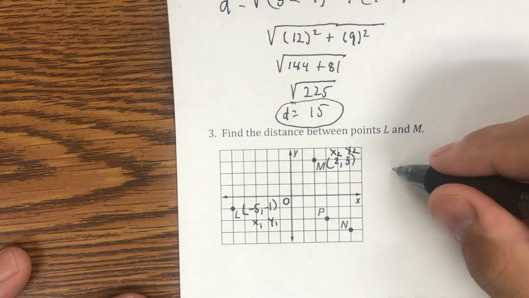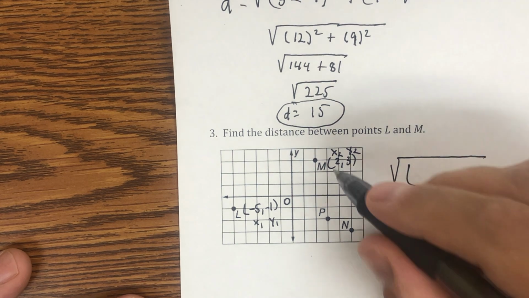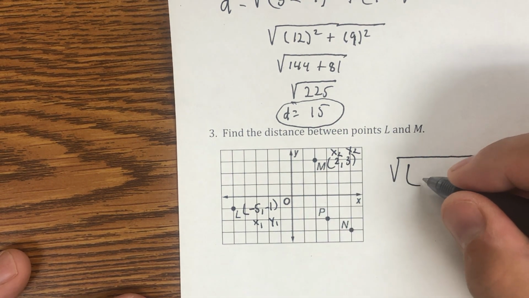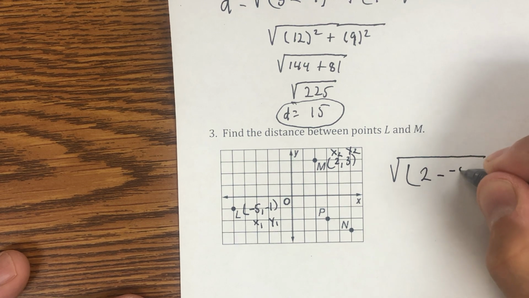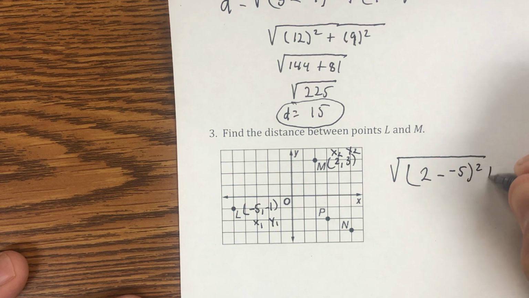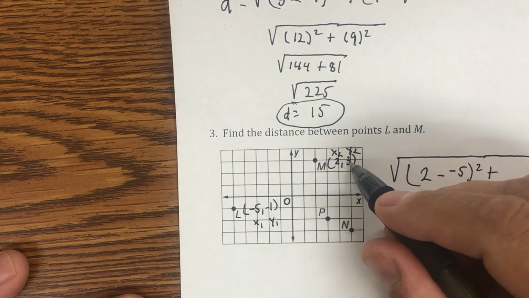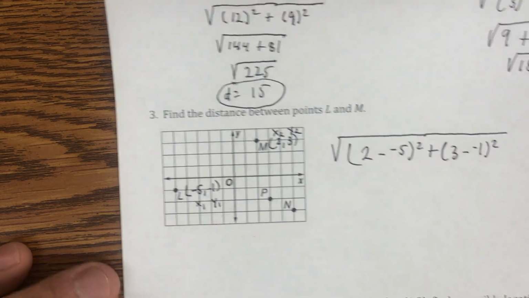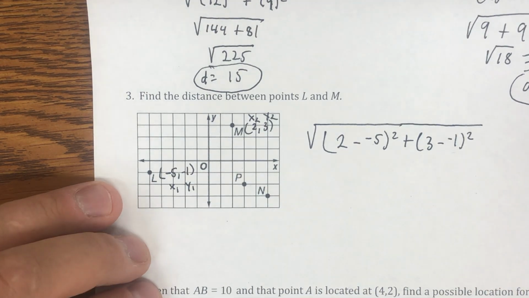Plug it into the formula. Square root, parentheses, x2 is 2 minus x1, negative 5, so 2 minus negative 5 squared, plus 3 minus negative 1 squared.